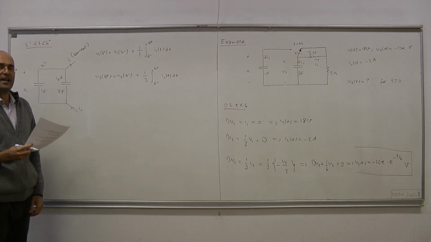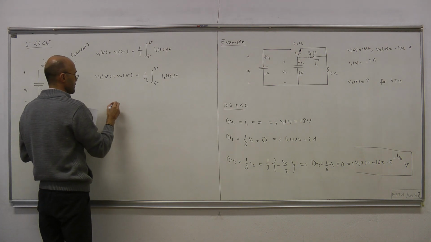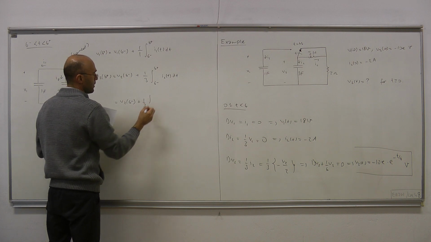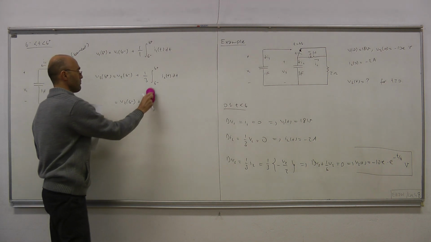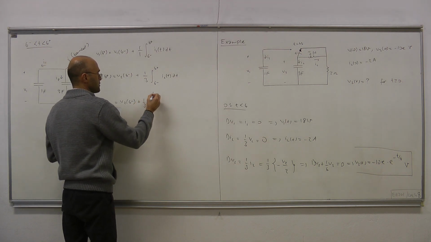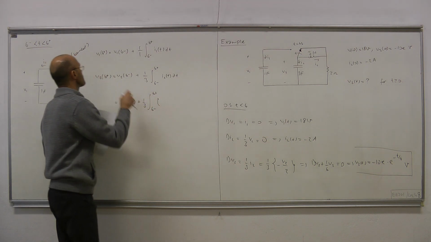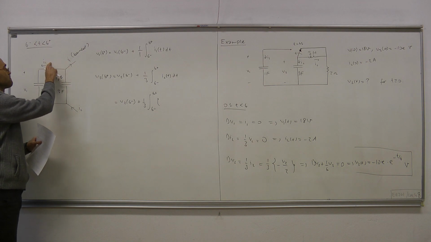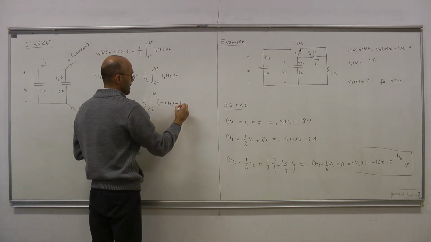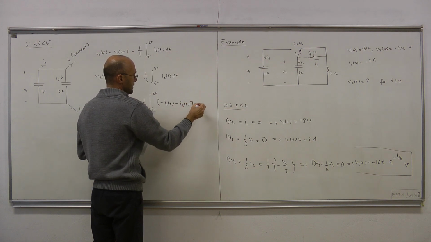Now let's re-express I2 in terms of other currents. So that equals V2(6-) plus 1/3 integral from 6 minus to 6 plus. By KCL, we have minus I1(t) minus IL(t) dt.